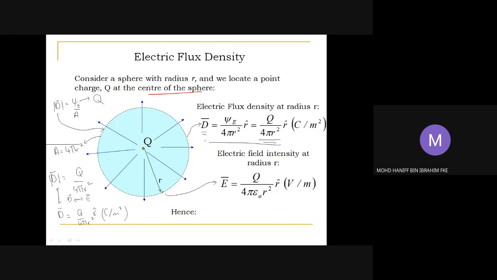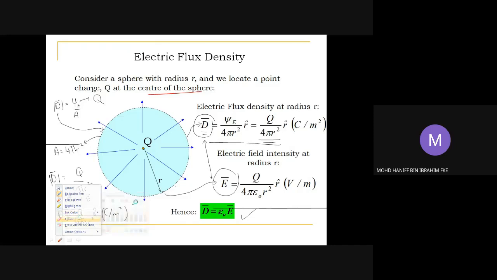So from here, we can write a relationship between the flux density D and the electric field intensity E, where D shall be equal to epsilon naught times the E field.